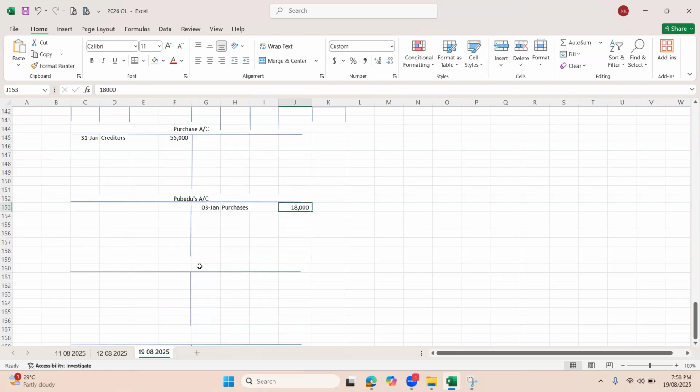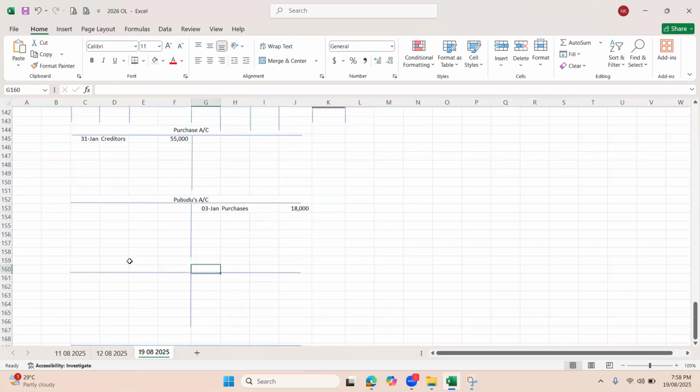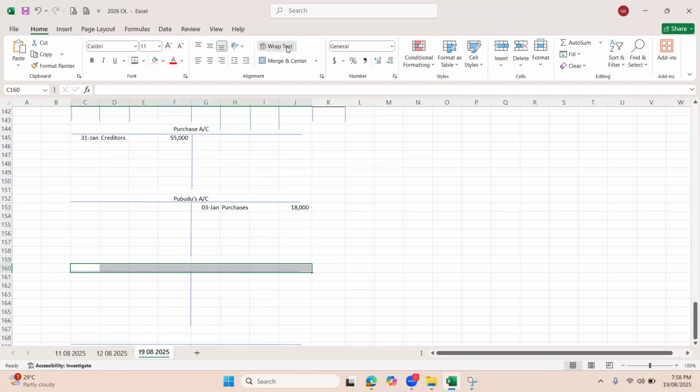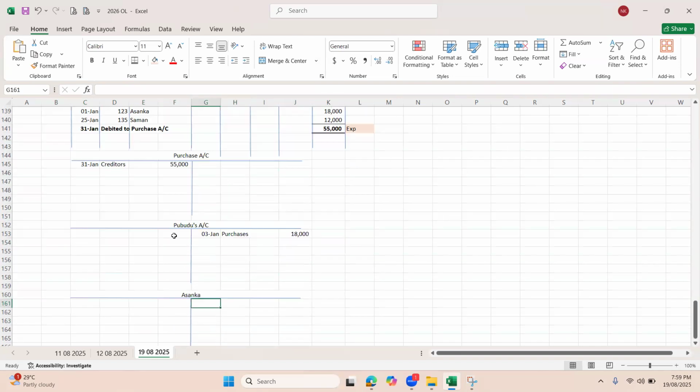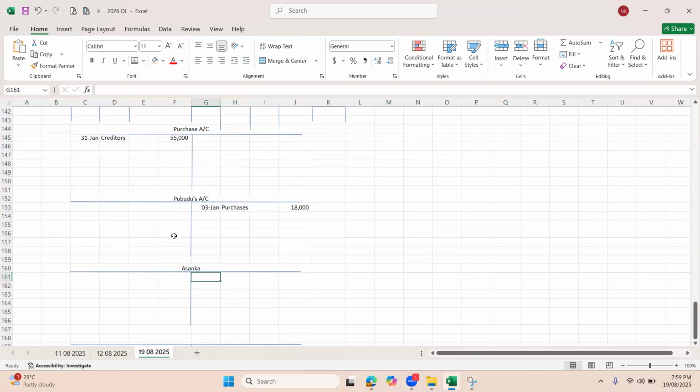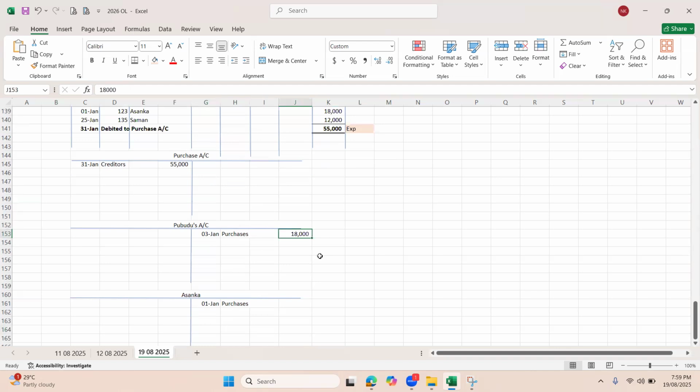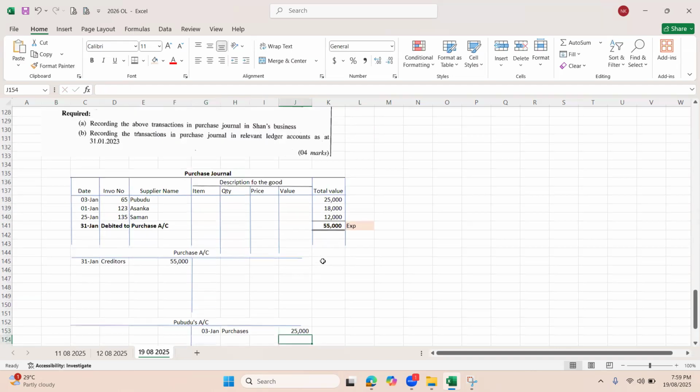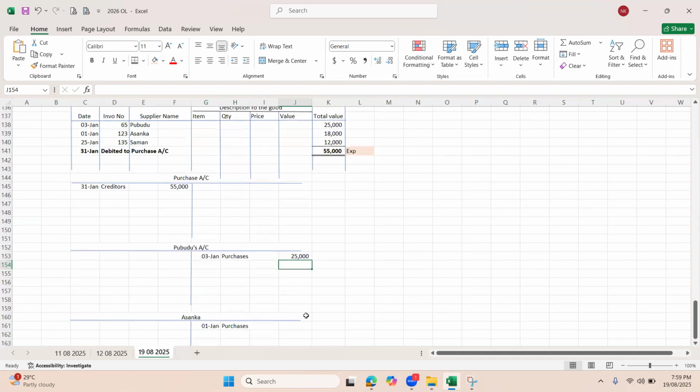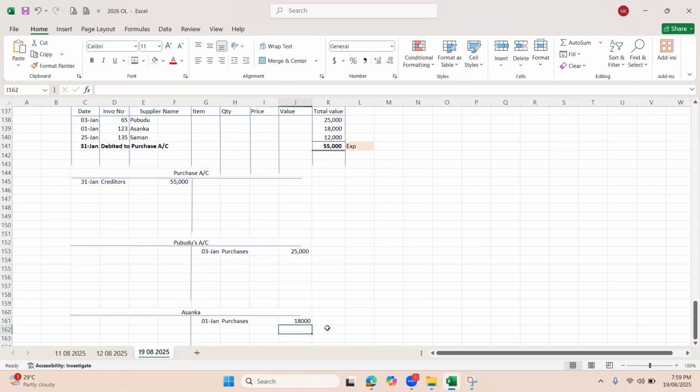Then there is one more, Asanka. Asanka credit on when? Asanka 10th of Jan, purchases. How much? The first man is 25,000. Sorry, I made a mistake here. The first man is 25,000 and the second man is 18,000.